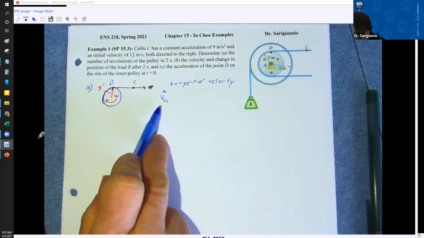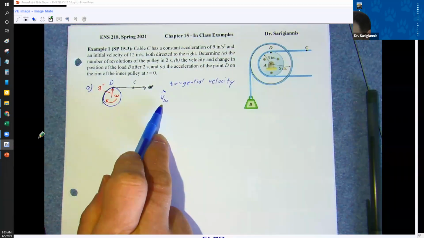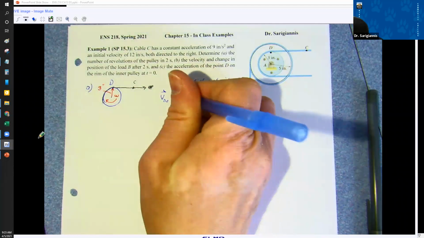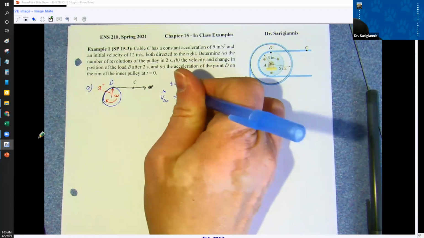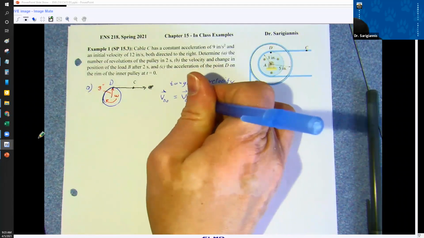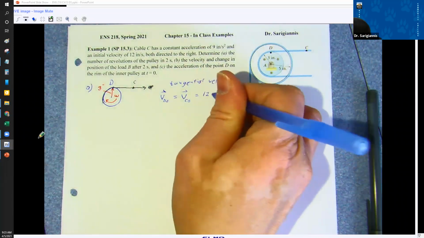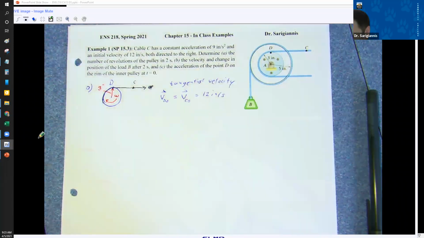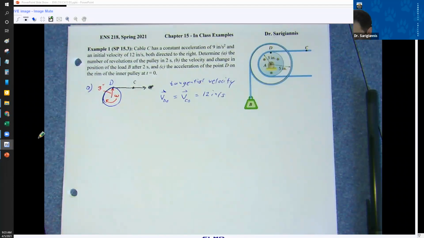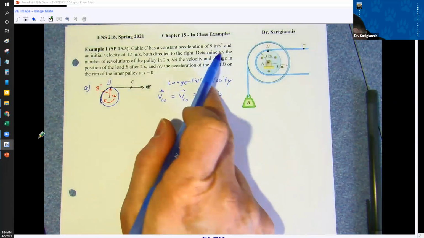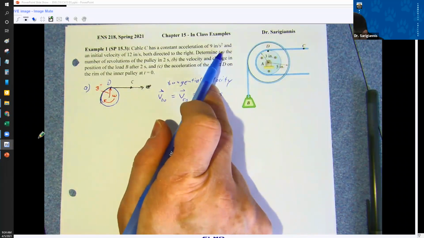So the initial tangential velocity of D naught is equal to the initial tangential velocity of C naught, right? And that's going to equal 12 inches per second. We're also given a constant acceleration of 9 inches per second squared, right?